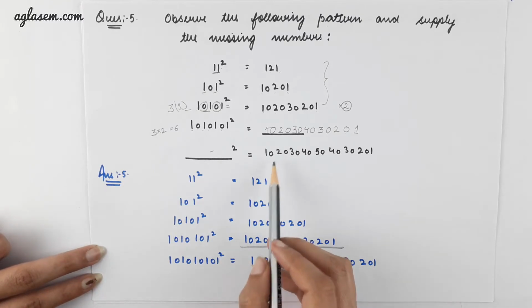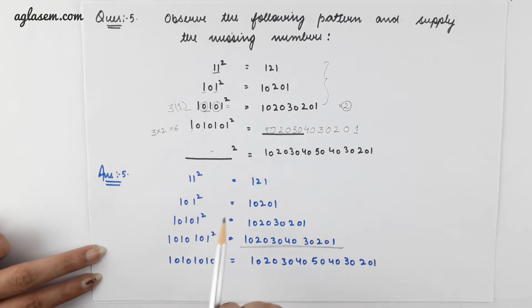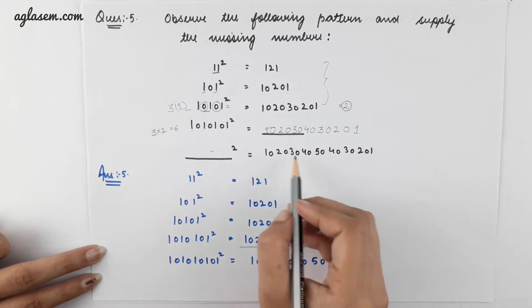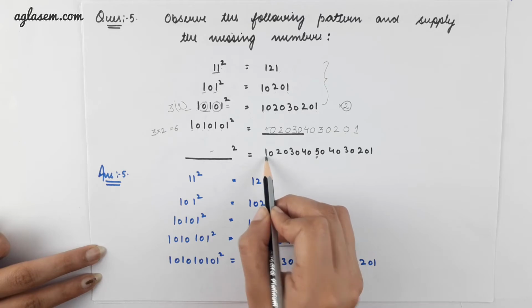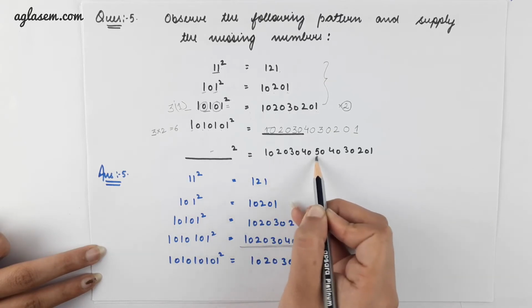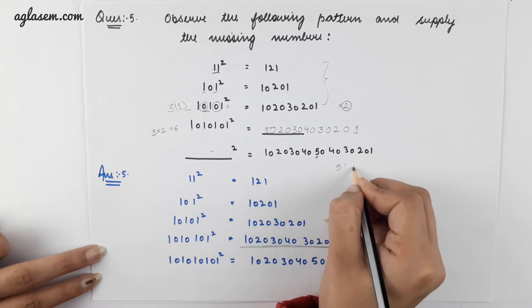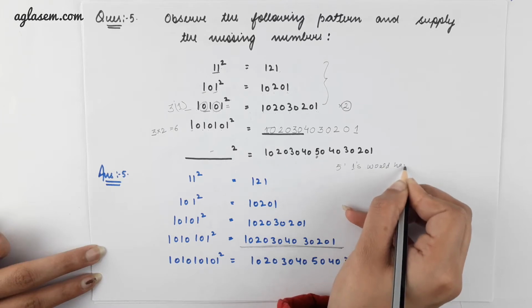Similarly, here we have been given the answer, and we have to find the square root of this number. So again applying the same approach, count how many ones are there. 1, 2, 3, 4, 5. That means 5 ones would have been there, right?